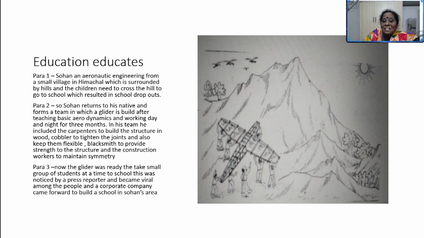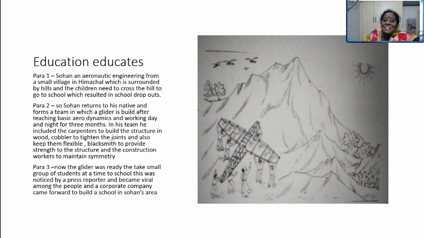After teaching the basic aerodynamics to his team, they all worked day and night for 3 months. And in his team, he included the carpenters to build a structure in wood, the cobbler to tighten the joints, the blacksmiths to strengthen the structure, the construction worker to maintain the symmetry.